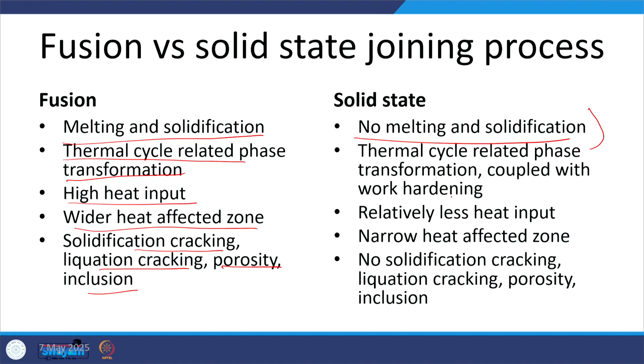But during solid state joining processes, we can have the work hardening effect apart from the phase transformation due to the heat being generated. Relatively less heat results in a relatively narrow heat affected zone, and because of the absence of melting and solidification, there is no solidification cracking, liquefaction cracking, porosity or inclusion related issues.